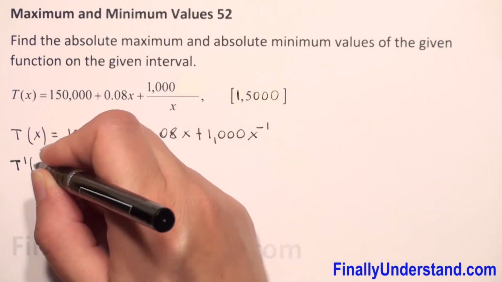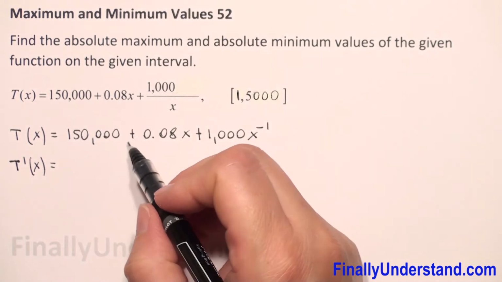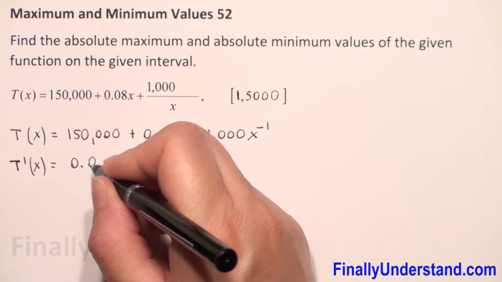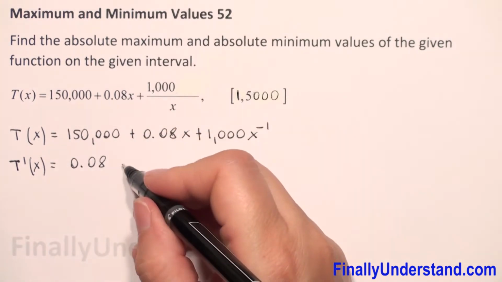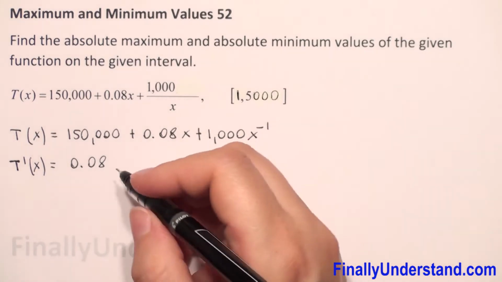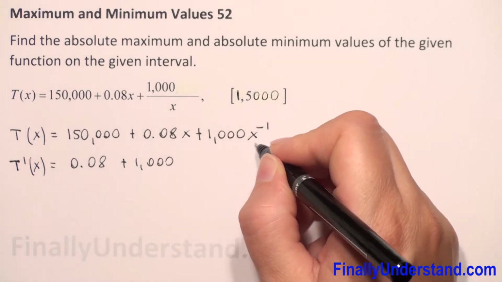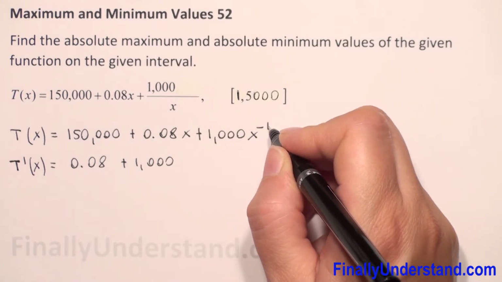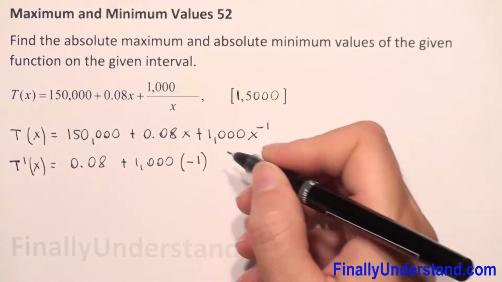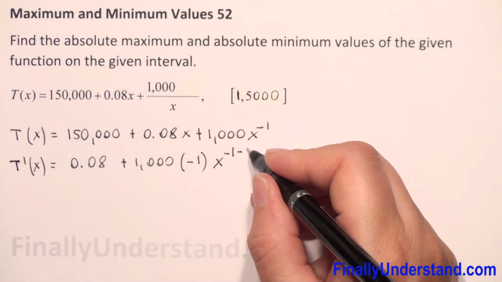T prime of x is equal to, derivative of a constant number is 0, plus the derivative of 0.08 times x is 0.08, plus we have to copy this whole number, 1000, times the derivative of x to the power -1. We have to take first this -1 times x to the power -1 minus 1.